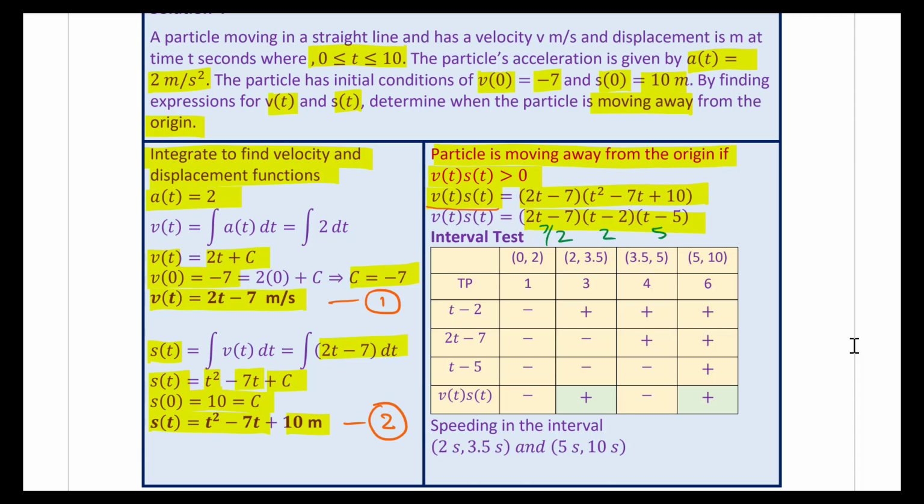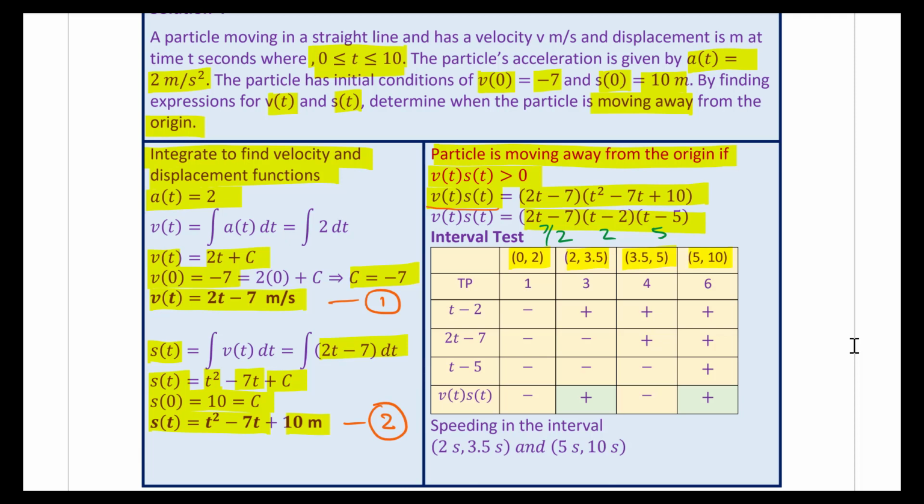Since these are the zeros, they divide the whole interval into 4 intervals, right? So the intervals are from 0 to 2, then 2 to 3.5, 3.5 to 5, and from 5 to 10. Since we are looking into the domain 0 to 10, all are in seconds.